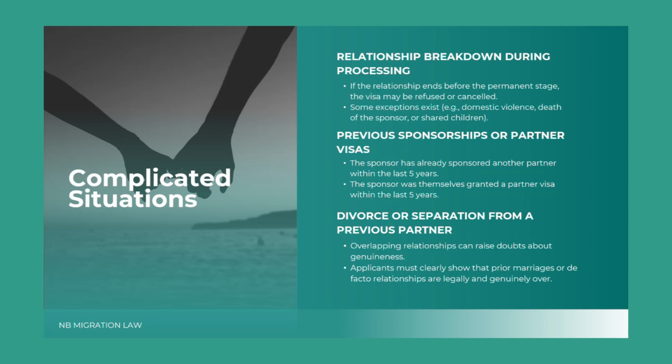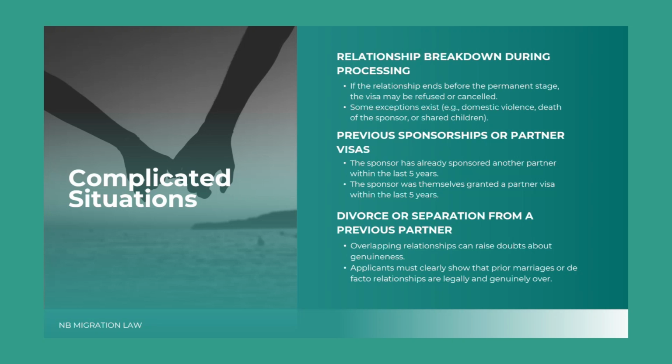And what's the best way to reach out to them, and what are the things that need to be included or submitted to the department, to enable you to show your side and make a legitimate claim about this. But if the relationship has broken down without domestic violence, the death of a sponsor, and you don't have any child, it will be difficult to achieve permanent residency.